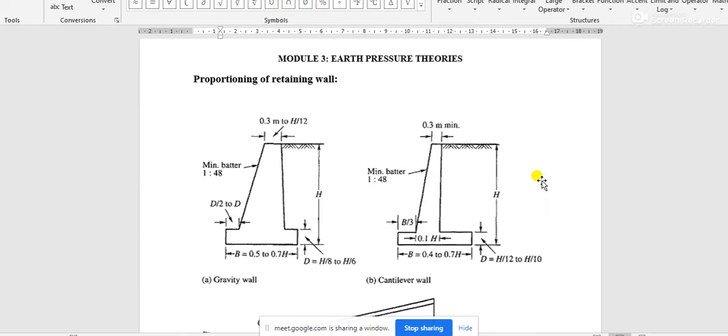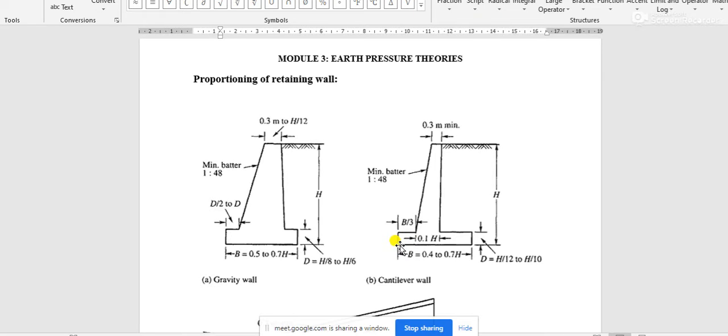Overturning means that if the horizontal earth pressure is coming from this way, the total load acts this way, and the retaining wall tends to overturn by rotating. The top portion tends to rotate like this, and that rotation is about this point.